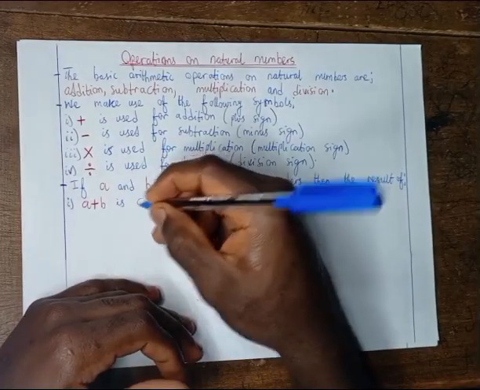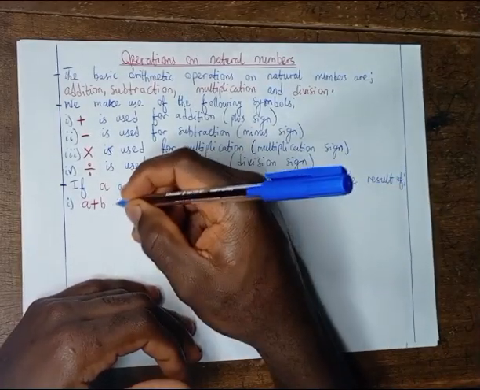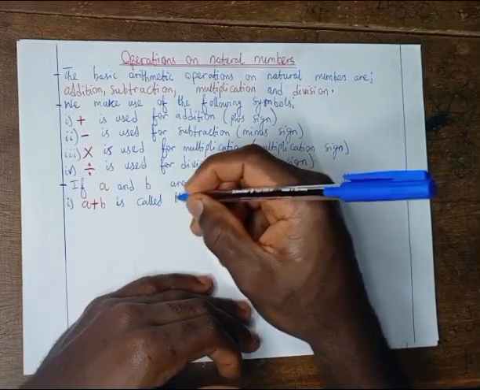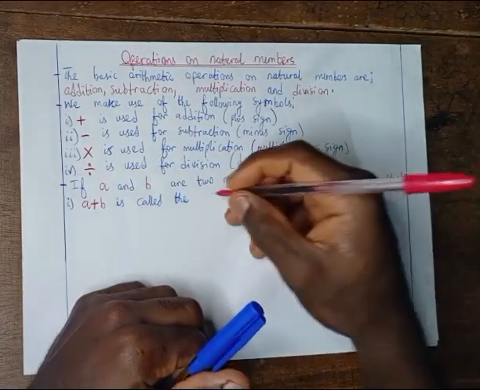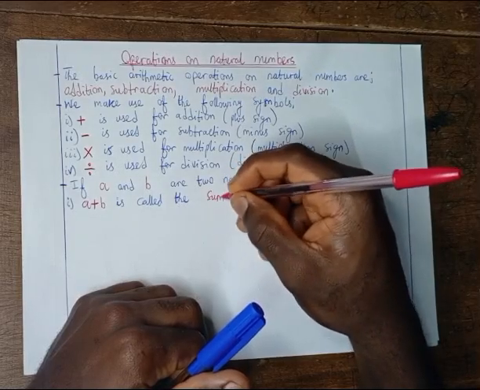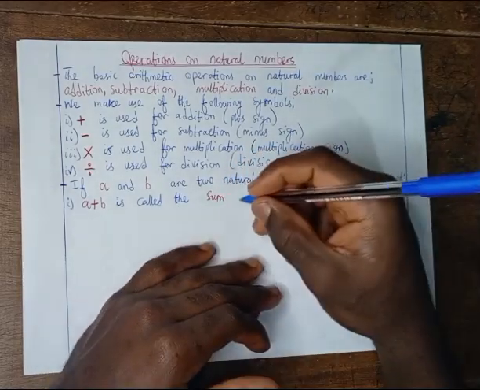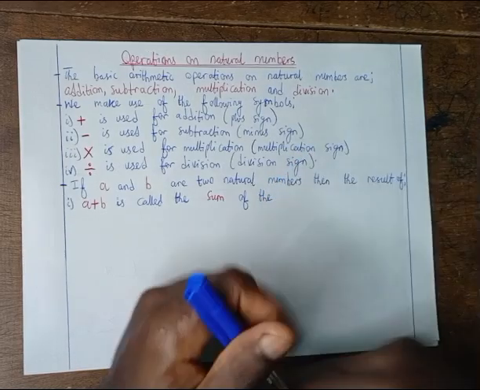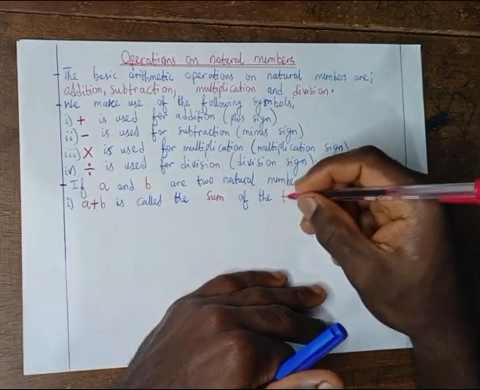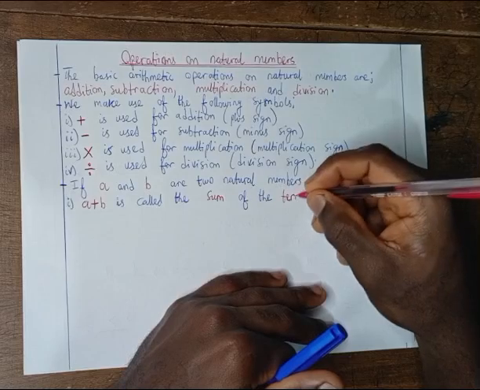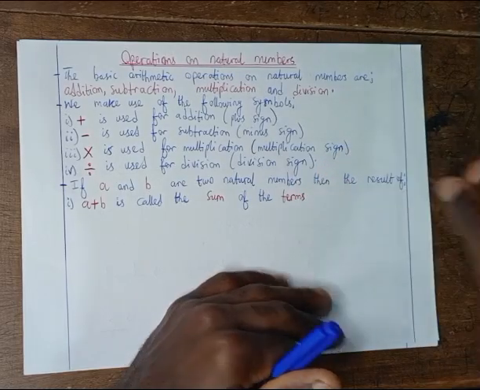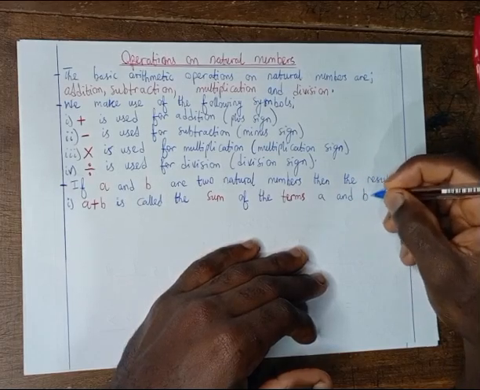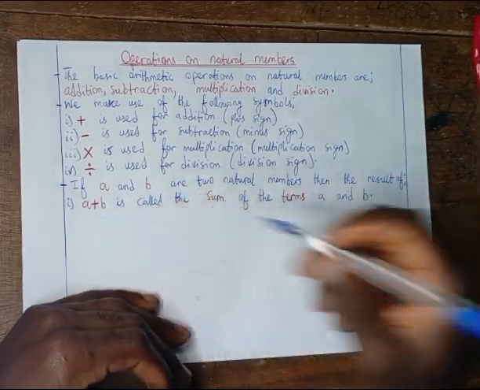The result is called the sum of the terms A and B. So this A and B, they are terms.